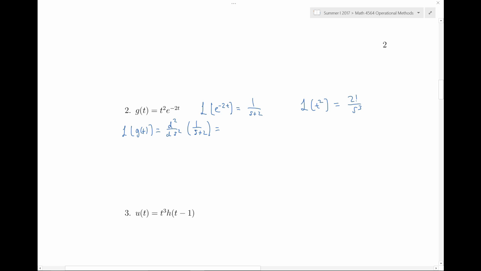So this ends up being a second derivative of s plus 2 raised to the power negative 1, and so it's a derivative of minus s plus 2 to the negative 2, which ends up being just 2 over s plus 2 cubed.